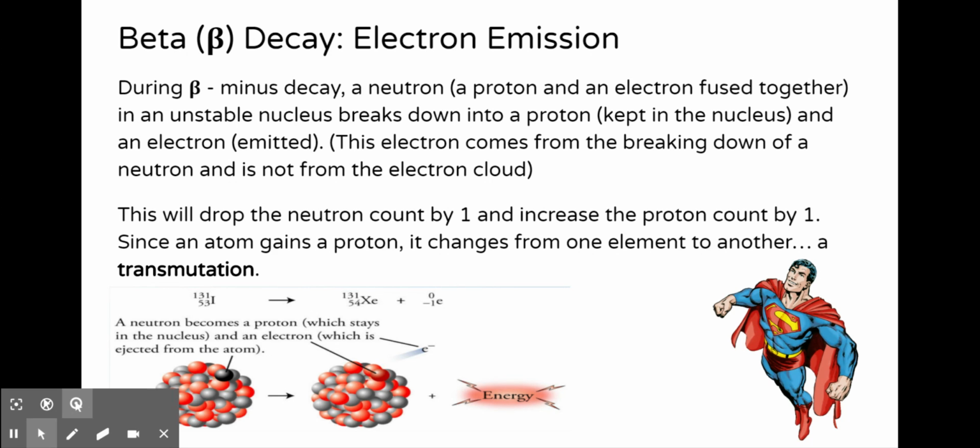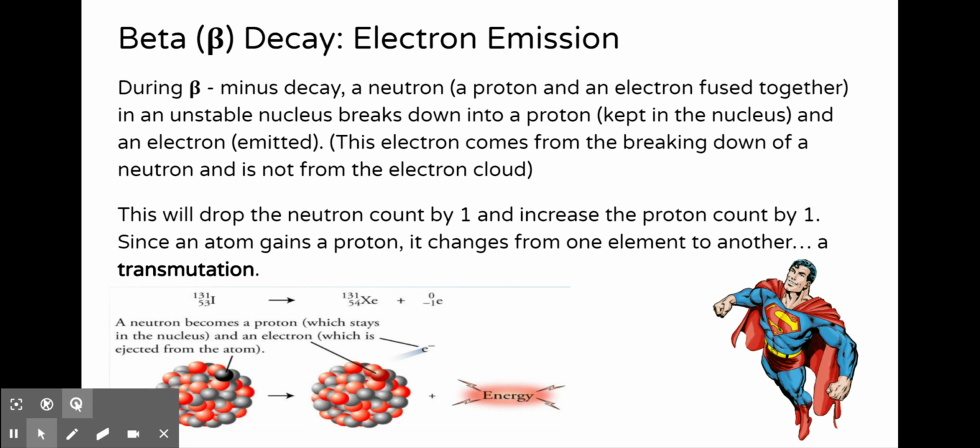A neutron in an unstable nucleus breaks down into a proton, which is kept in the nucleus, and an electron, which is emitted from the nucleus. So this electron comes from the breaking down of the neutron and is not from the electron cloud. This will drop the neutron count by 1 and increase the proton count by 1.